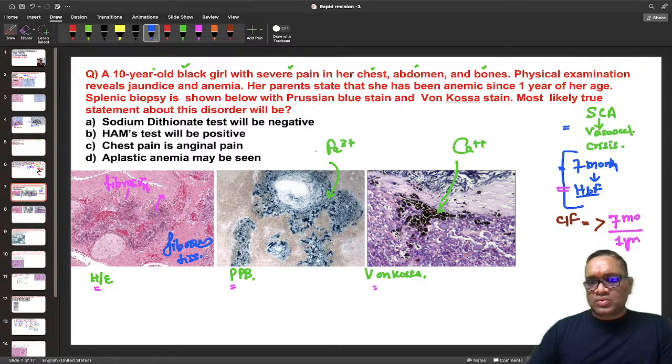Fibrous tissue, iron plus calcium, all these three things together form Gamna-Gandy bodies. I will explain all the options, don't worry.